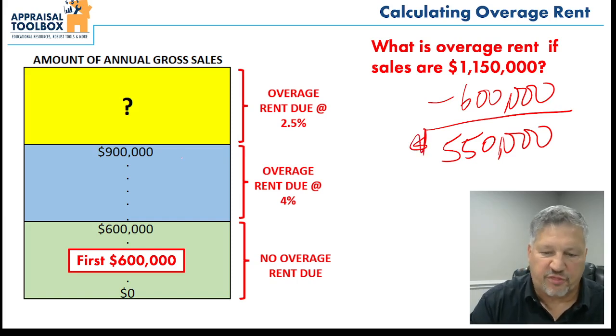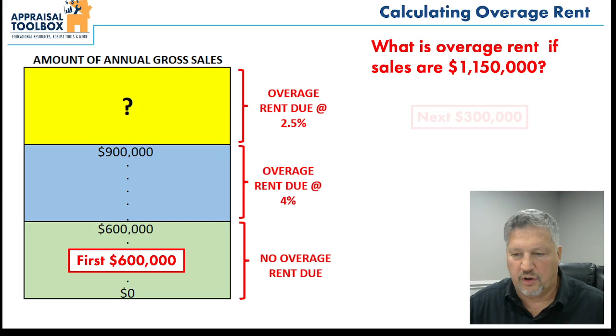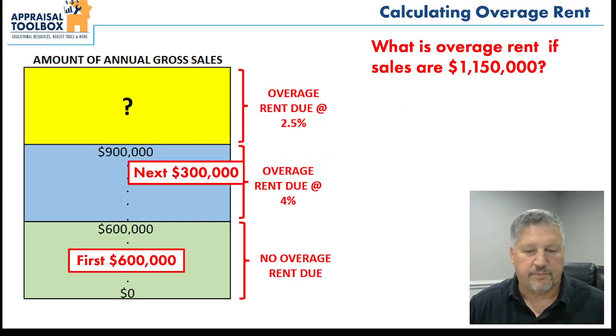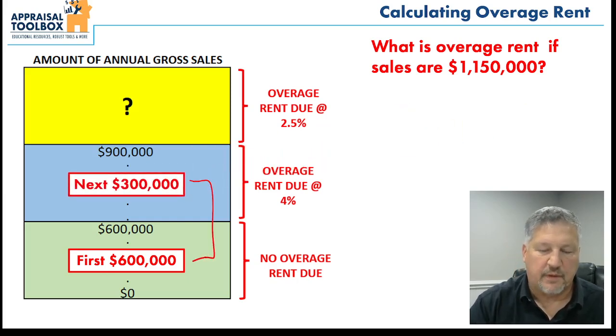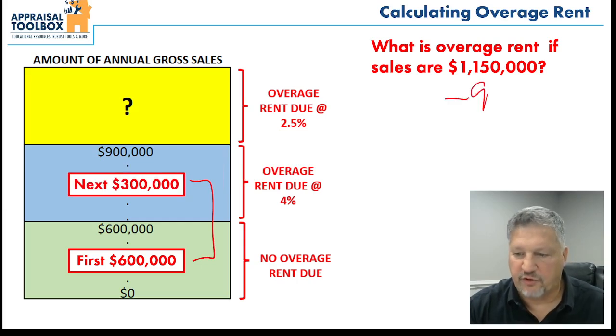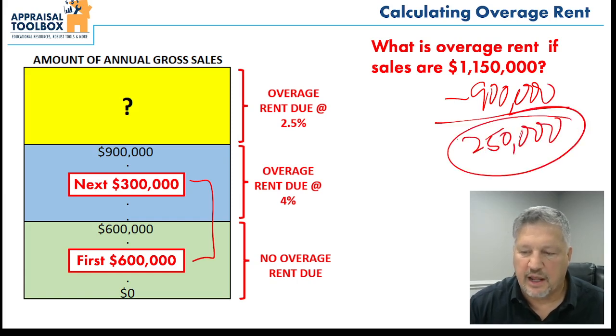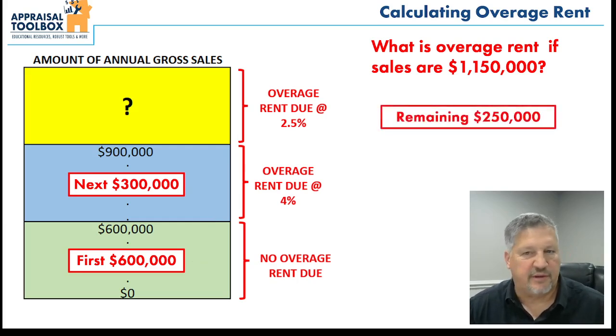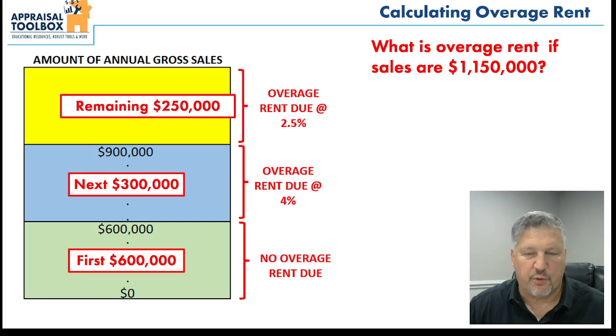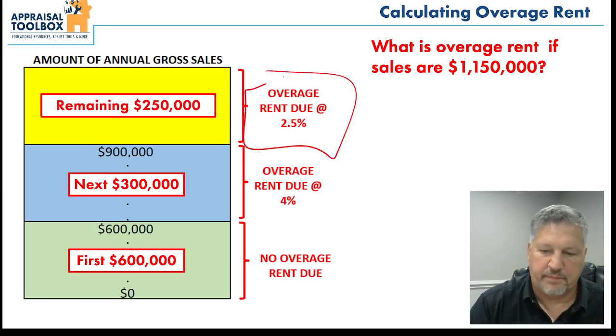But we know the next 300 of sales volume goes in here. So let's take that $300,000, and now we've accounted for what? $900,000. So if we subtract $900,000, we have $250,000 remaining, right? And that $250,000 is going to be slotted where? In the 2.5% category.